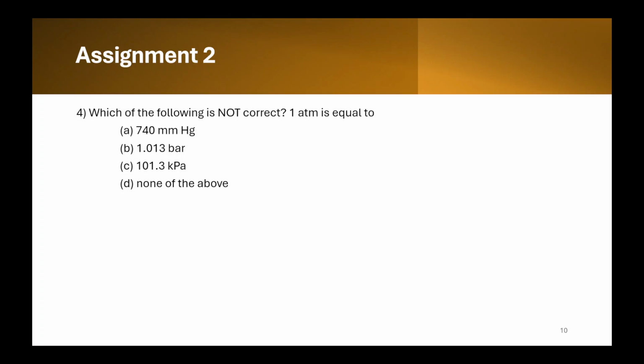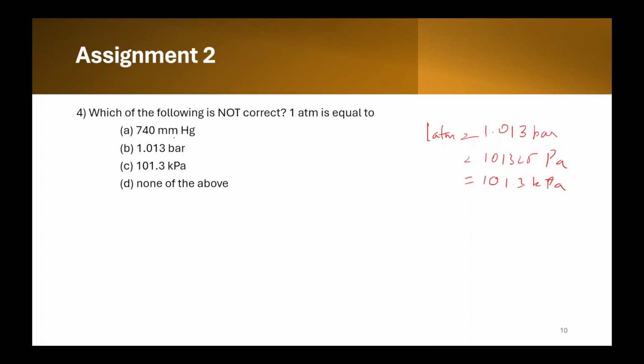Next question. Which of the following is not correct? We know that 1 atm is equal to 1.013 bar, or 101325 Pascal, or 101.3 kilopascal.